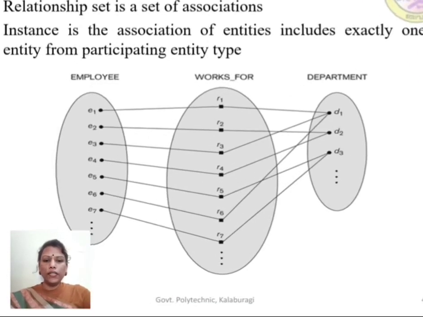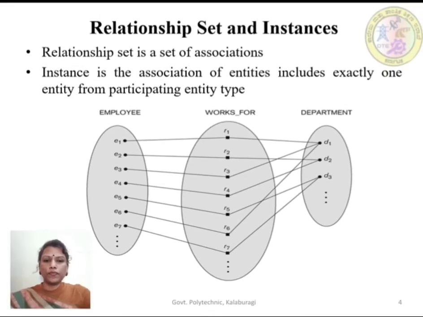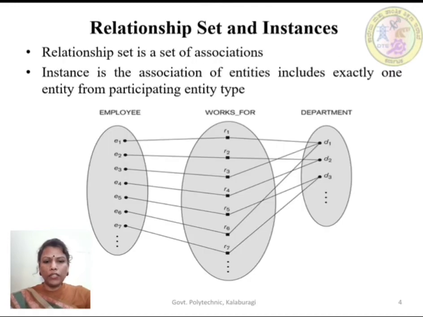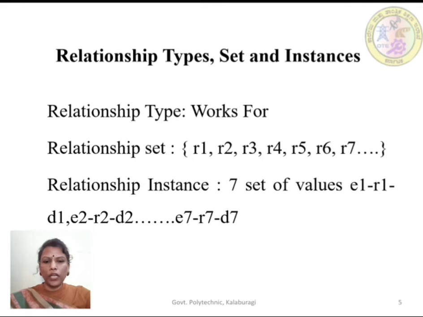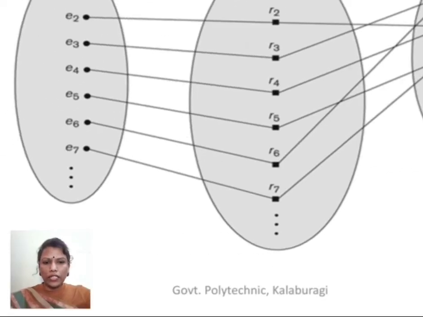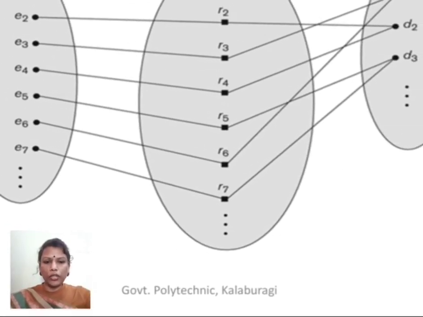So let's see what is relationship type, what is relationship set, and what is relationship instance for the previous example. In the previous example, relationship type is works for. Relationship set is R1, R2, R3, R4, R5, R6, R7. Here we are having 7 associations between 2 entity types.